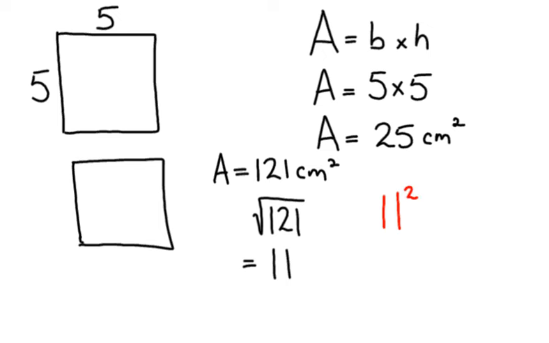That's how we represent 11 squared. 11 squared actually means 11 times 11, and 11 times 11 does turn out to be 121. Therefore, we were able to successfully verify that the square root of 121 is 11. So that's just how to use that button.